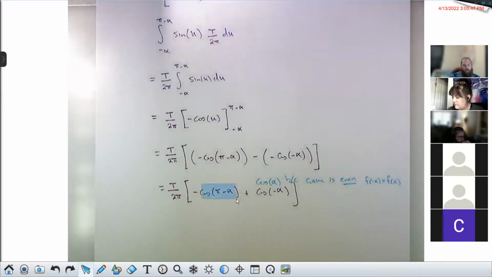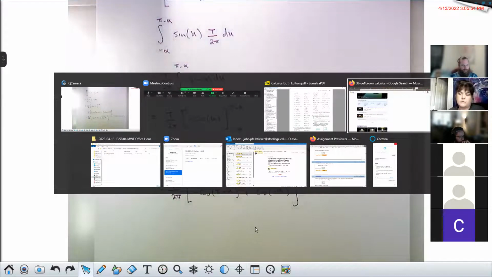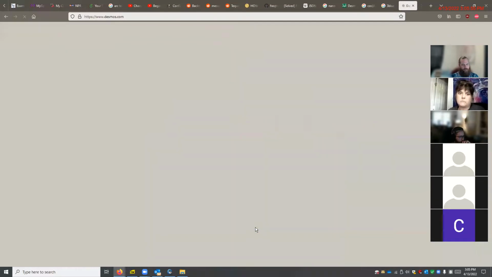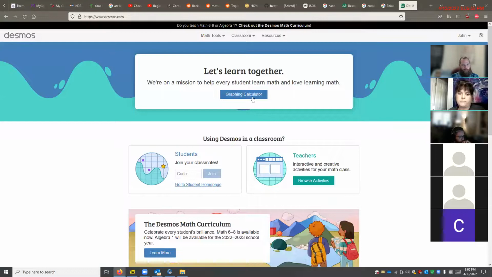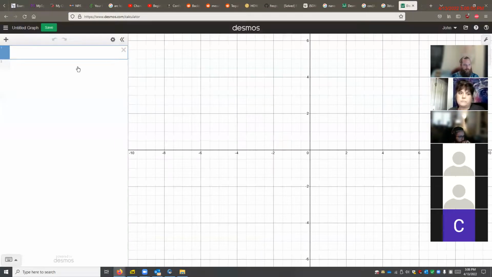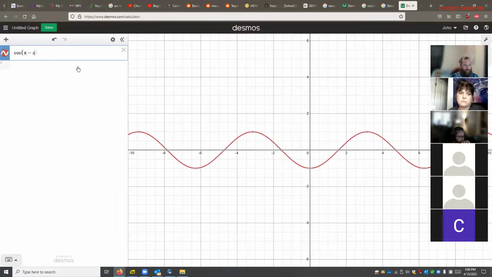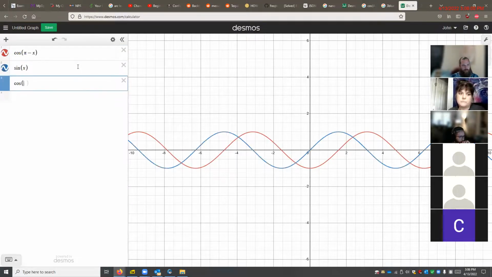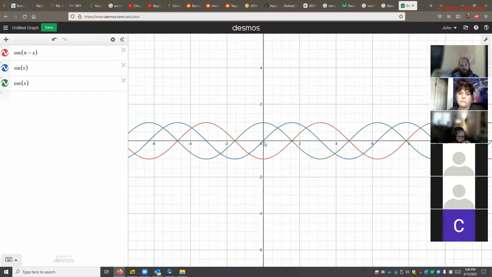The other nice thing to know here is that cosine and sine are out of phase by, well, let's see. Let me look at this, this, and this. First off, isn't that pretty? Second, what's the relationship between the Christmas colors?